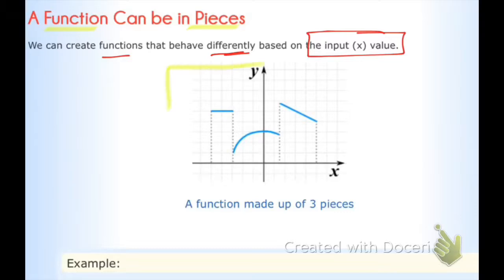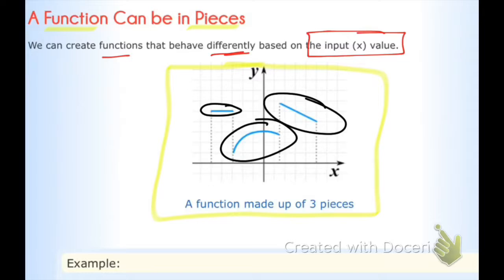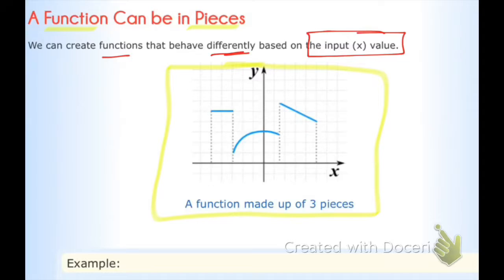So in this basic example here, notice that this function has three different pieces to it: 1, 2, and 3. Each section, each piece, has its own equation to it.